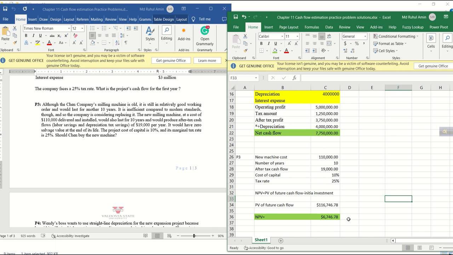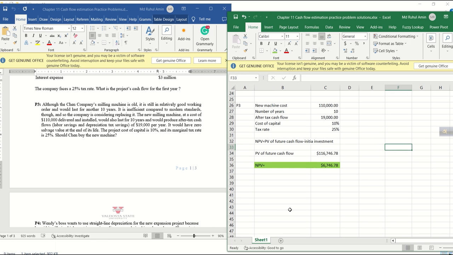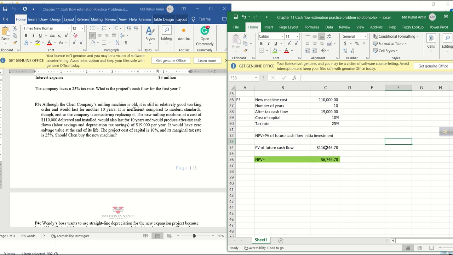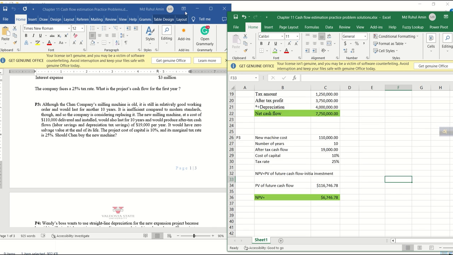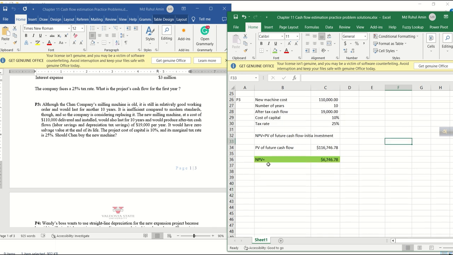Do you remember what the criteria was for selecting a project based on NPV? If NPV is greater than 0, we should accept the project. If it is less than 0, we should reject the project. Our NPV is 6,746, so definitely we should accept the project, meaning the company should replace its old machine by buying this one for $110,000. That's the idea.